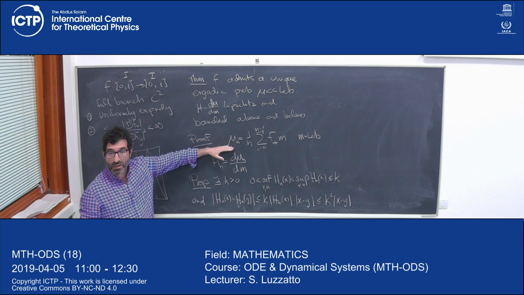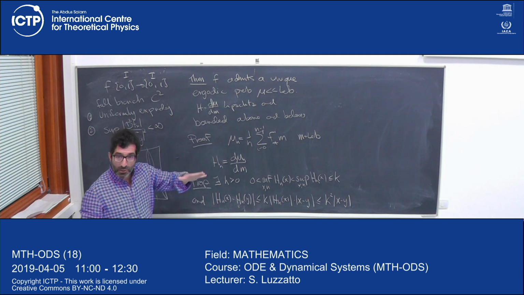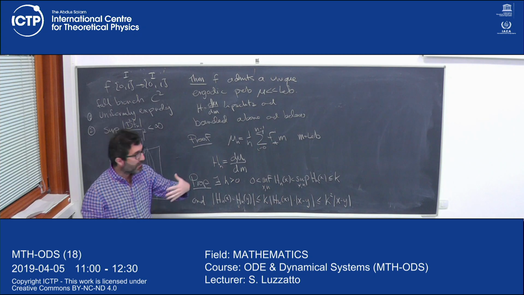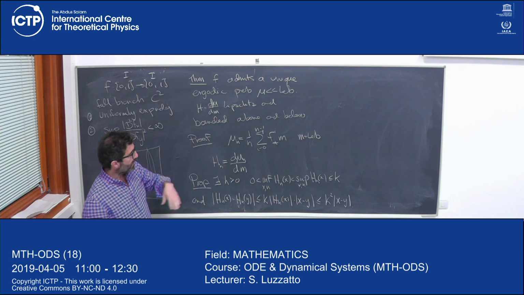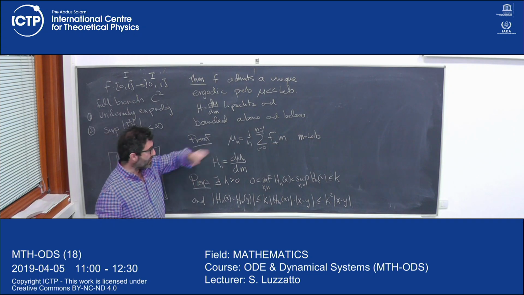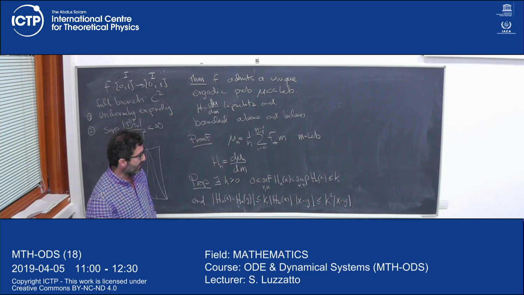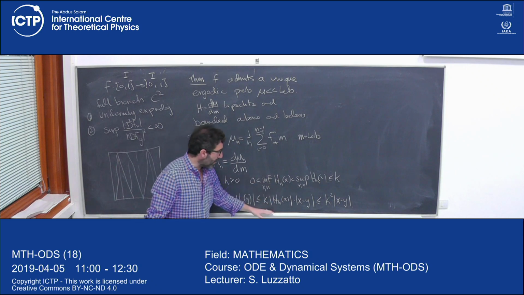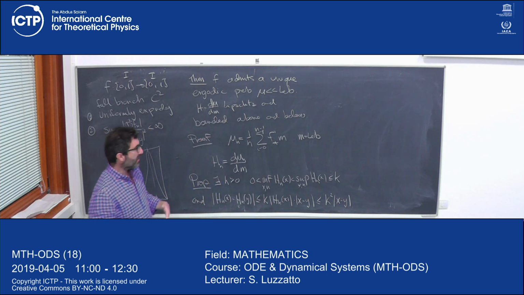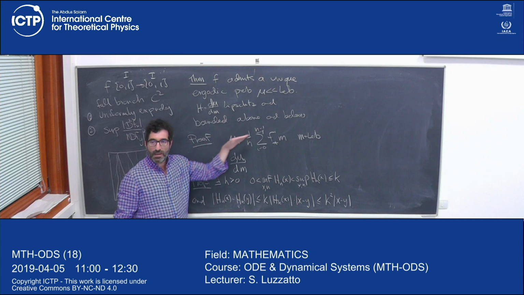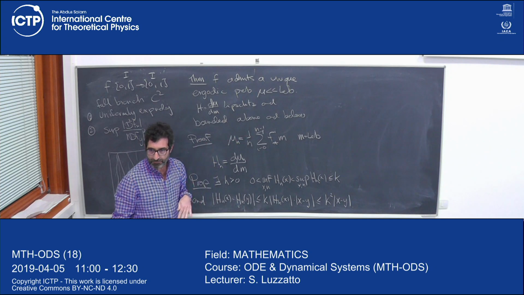But we gave an example to show that a priori that does not mean that any limit point is absolutely continuous. Because each of these is absolutely continuous, it has a density, and if we have this bound on the density, then we showed last time that any limit point is absolutely continuous.